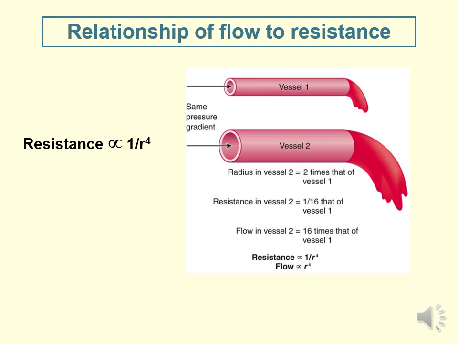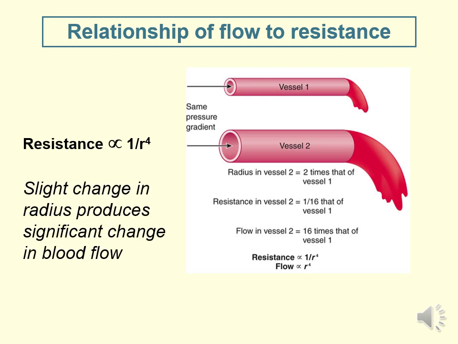So we've got 2 blood vessels, vessel 1 and vessel 2. And what you can see in vessel 2 is that the radius of this blood vessel is twice what it is in vessel 1. So the radius in vessel 2 is double what it is in vessel 1. Essentially what that means is if you put these numbers into the equation here, for vessel 2, you would see that 2 to the power of 4 is 16.